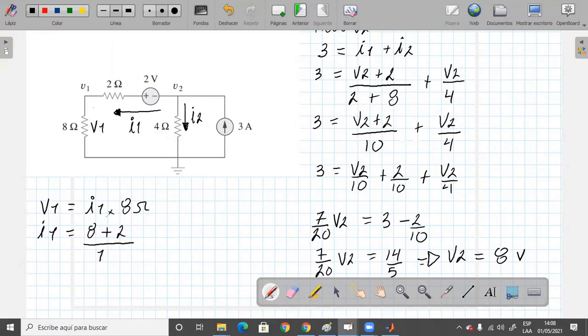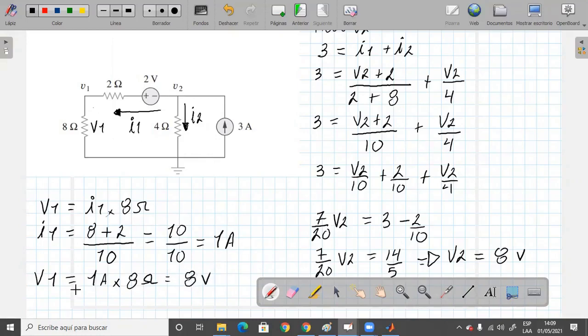We had already said that 2 plus 8 is 10. That gives 1 ampere. So substituting in V1, it is going to be 1 ampere times 8 ohms. So V1 is going to be worth 8 volts.